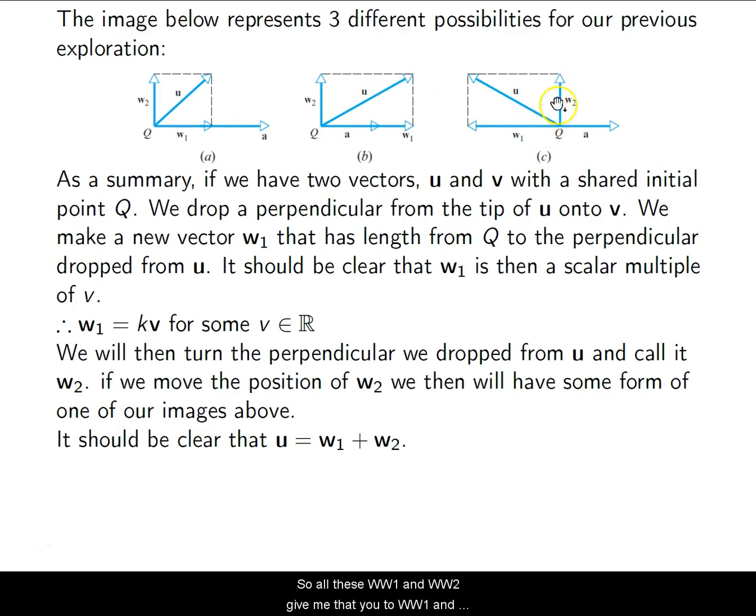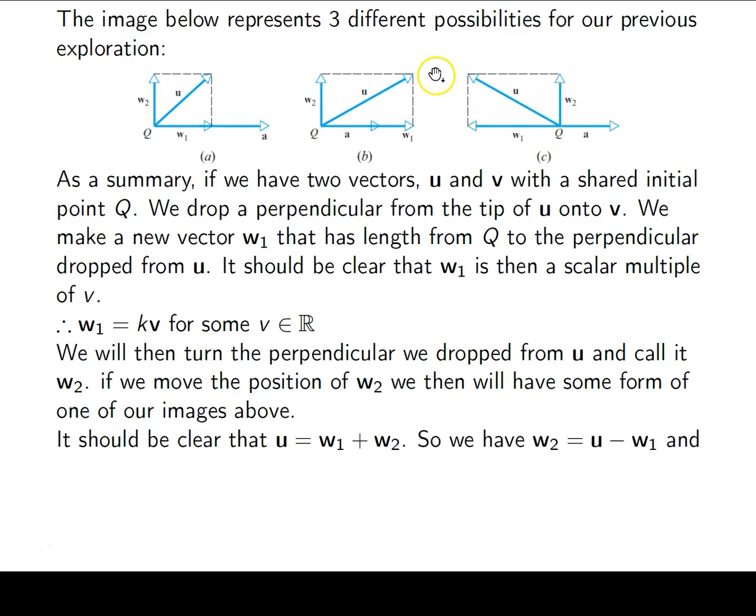W1 and W2 give me the U. If I want to switch this around a little bit, I can solve for W2 and say that it is U minus W1. I know what W1 is already. It's a scalar multiple of V. So whatever this vector is, I multiply it by some value, and that's W1. If I want to know what W2 is, it's going to be U minus W1.